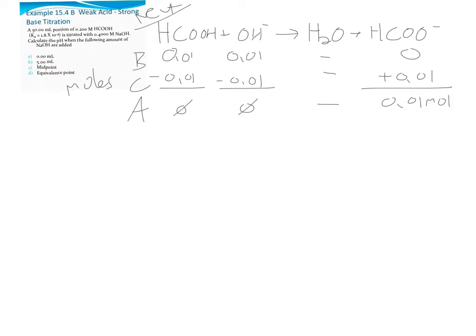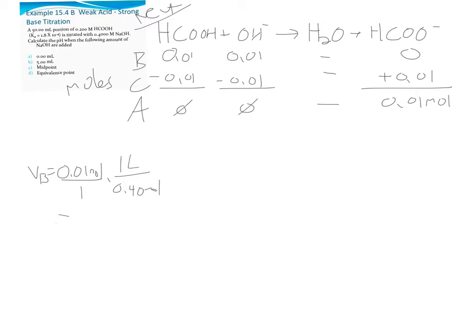Now we need to get that into a molarity, which means we need to worry about volumes. For the volume of the base, it's not given. But we do know that when we say equivalence point, these numbers are equal. So we've got 0.01 moles of the base, and we have 0.4 molar solutions, so 0.4 moles per liter.